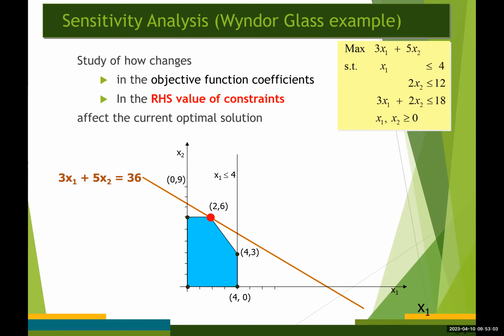If you change the right-hand side value of the plant number 1 constraint, for example, then this line, that's the plant number 1 constraint, will move either way, this side or this side, right? Of course, the feasible region will change.